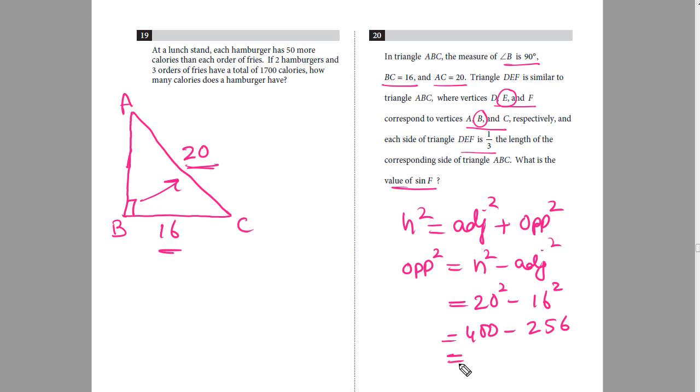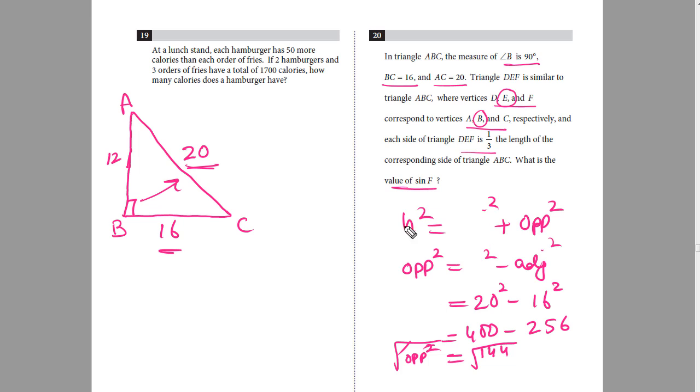Now 400 minus 256 will be equal to 144, which is opposite square, so taking the square root on both sides, I get opposite as 12. So this side is 12.